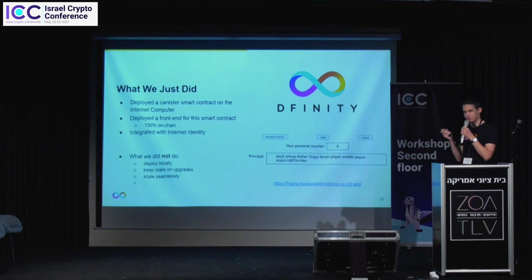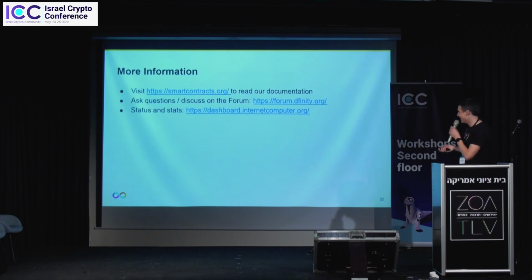So you still have to think about scale a little bit when you deploy stuff on the Internet Computer, but the infrastructure is there, so you can do sharding, you can do whatever you like. So if you have questions about scaling, you can also reach out to us however you want. The DFINITY forum, for example, is a good place.